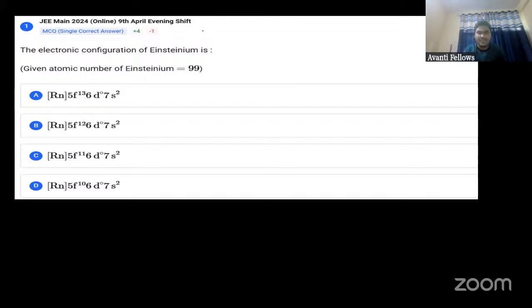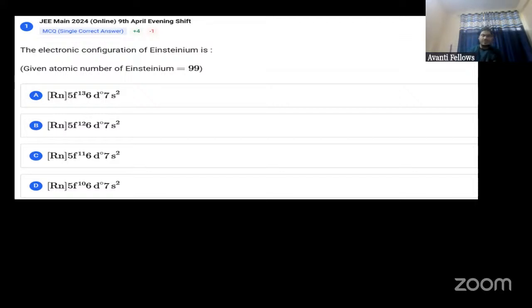Now let's see some previous year questions. The first question is from 2024. What are they asking? They are asking for the electronic configuration of einsteinium. The atomic number of einsteinium is 99.